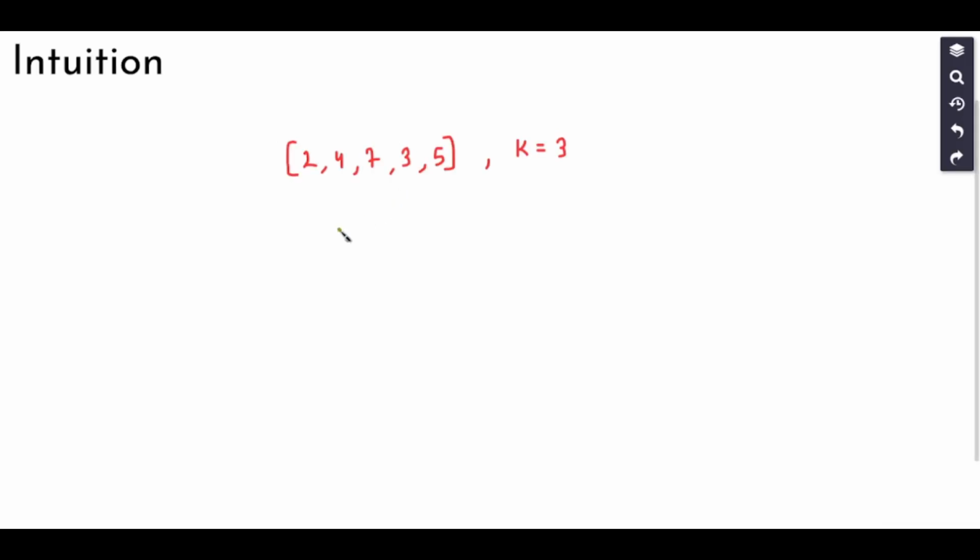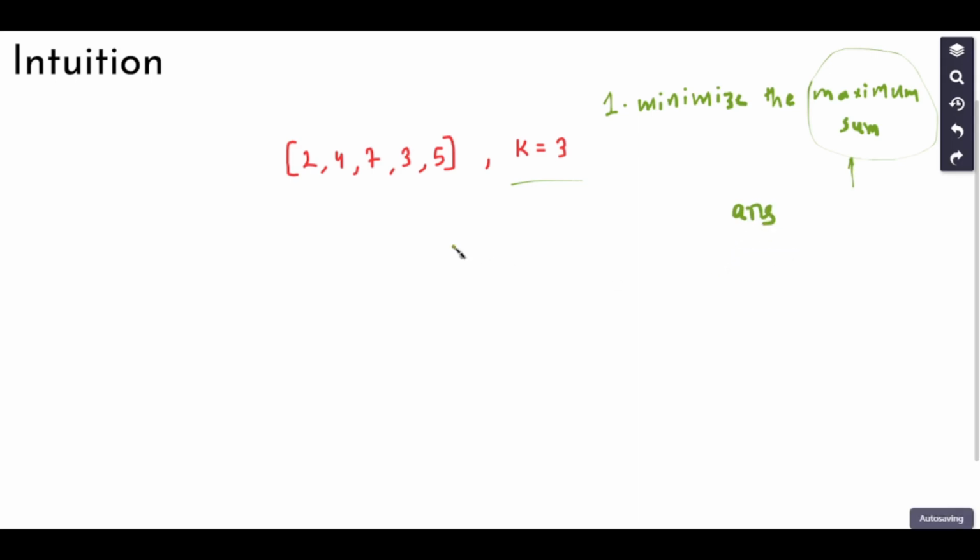Okay, so observe that what we want to do is to minimize the maximum sum. So what is our answer? If we divide the given array of n elements into k subarrays, then the maximum sum that we obtain would be our answer. Let's say it is represented by ans.